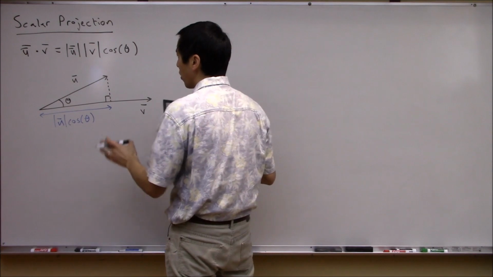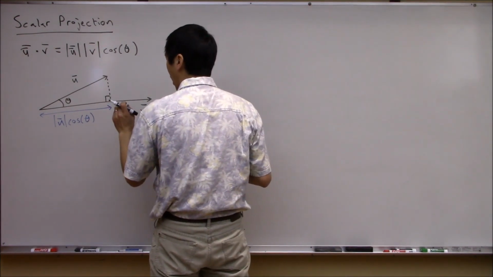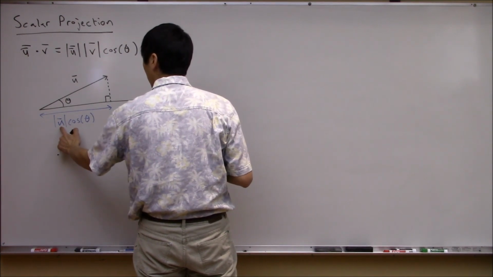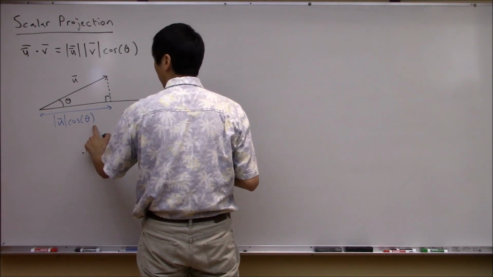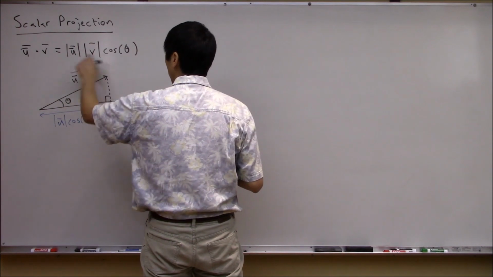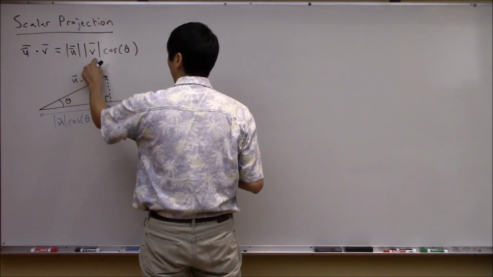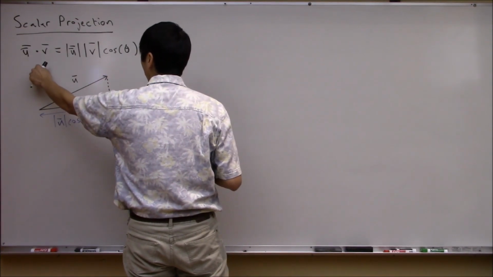Now what we said is I actually want this distance, which is magnitude u times cosine of theta. If I just manipulate this equation, we can solve for this term by moving magnitude of v to the other side.